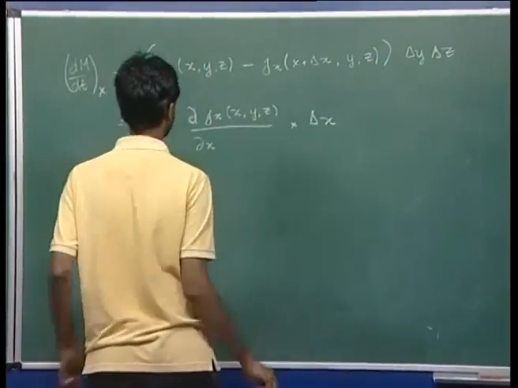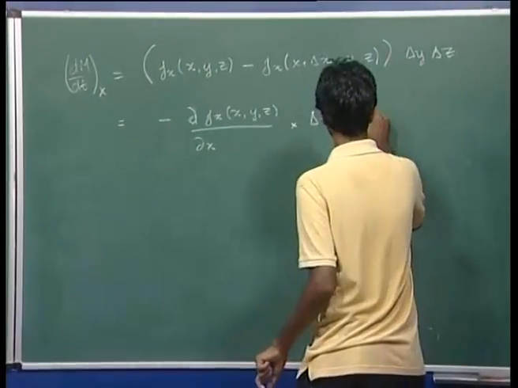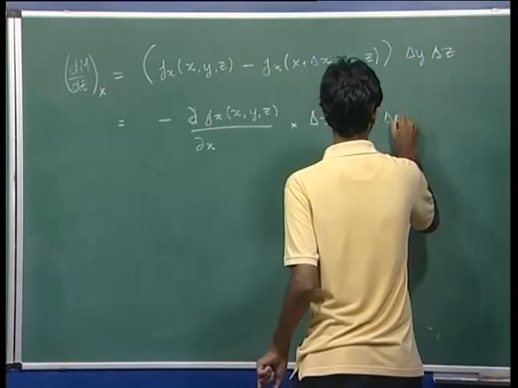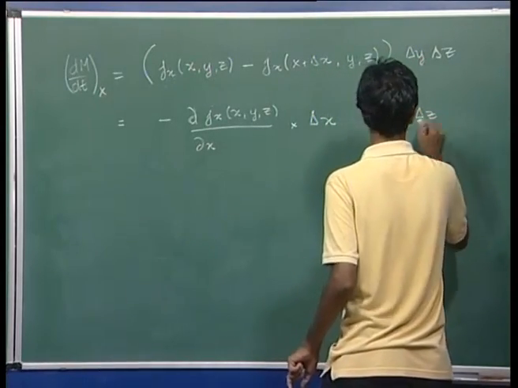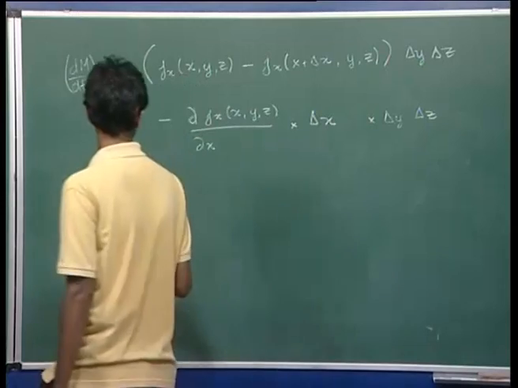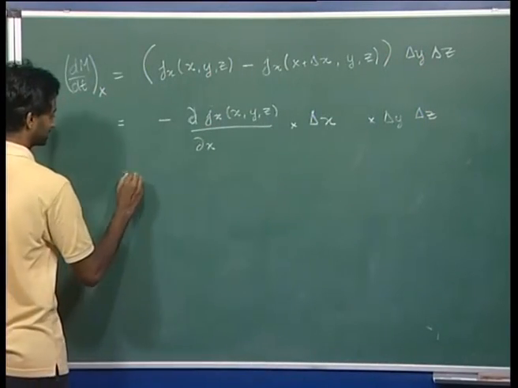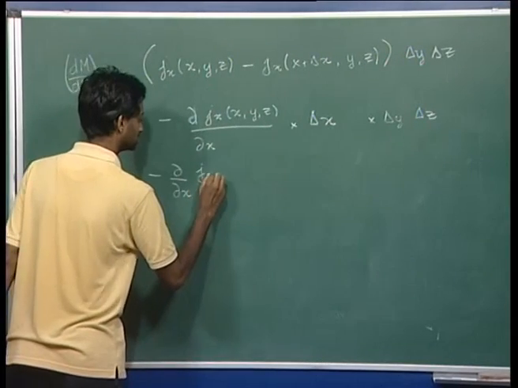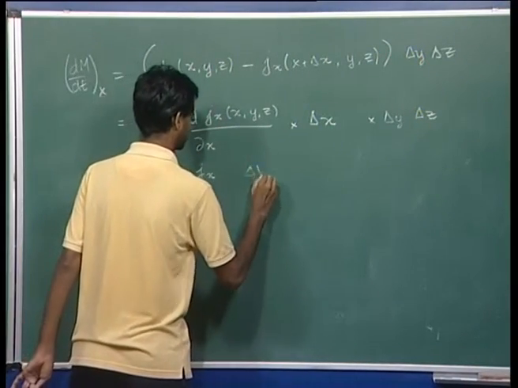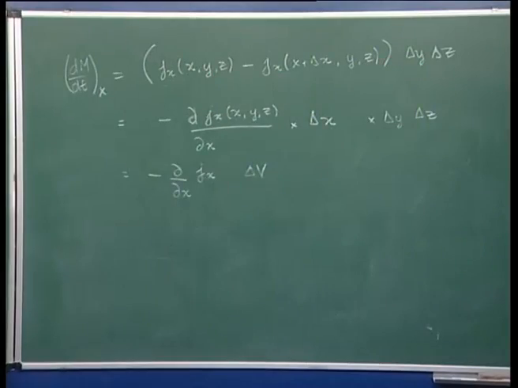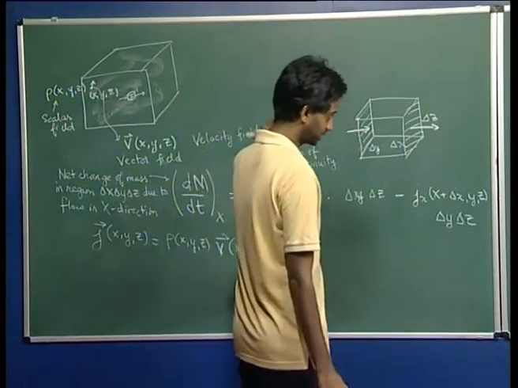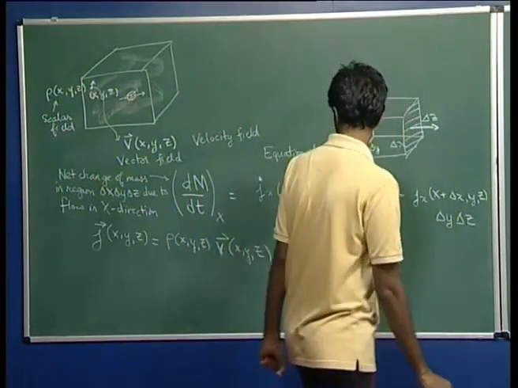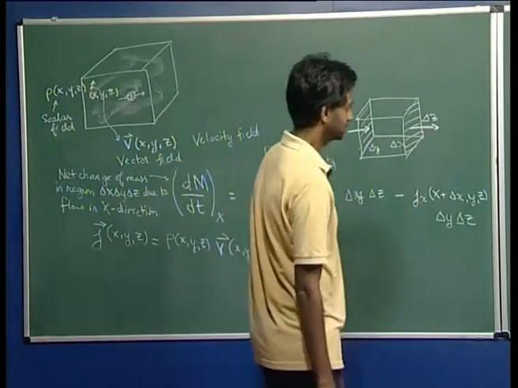So this whole quantity you can write in this form, and you have to multiply by delta y delta z. In other words, you can write this as minus the partial derivative of j x with respect to x, times delta v.